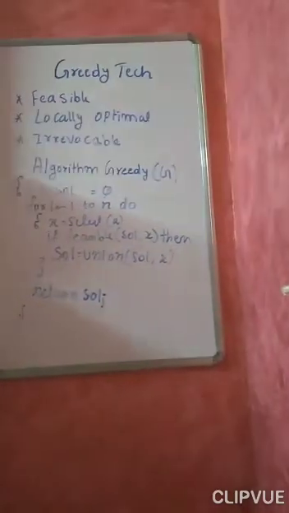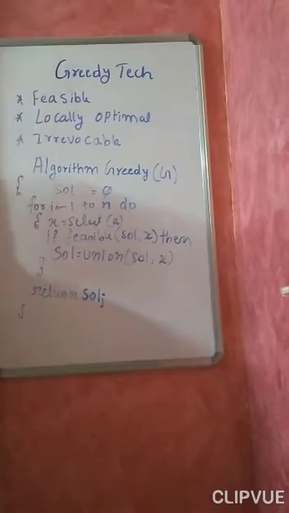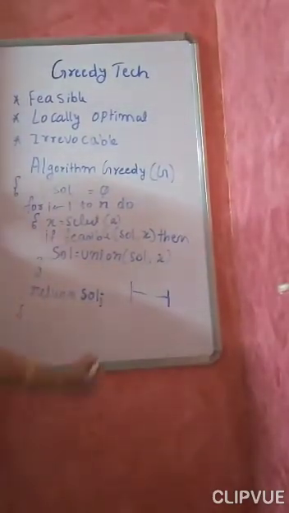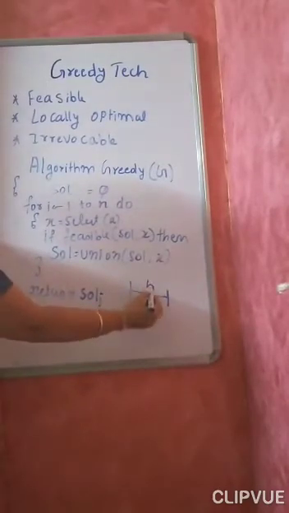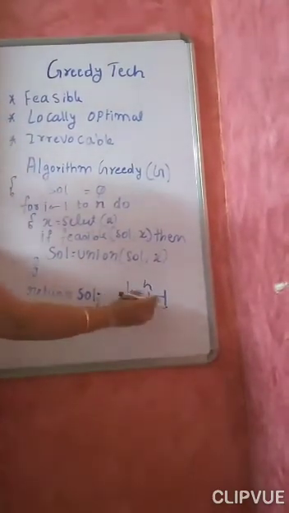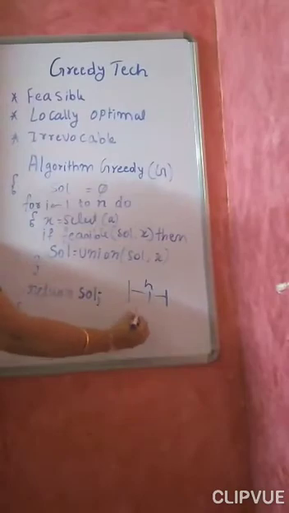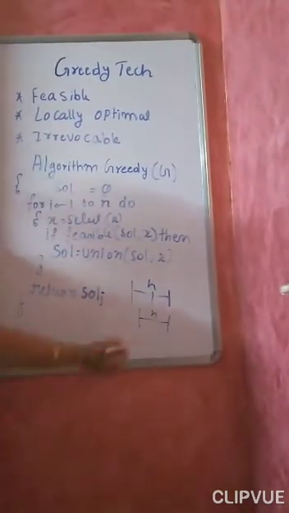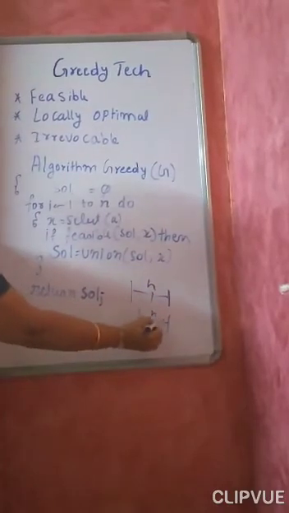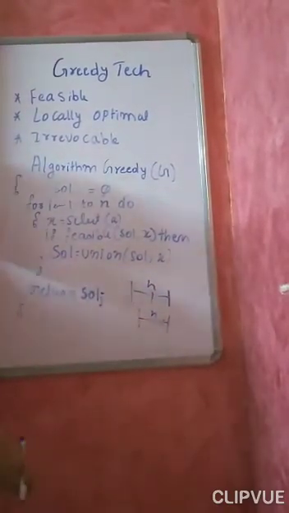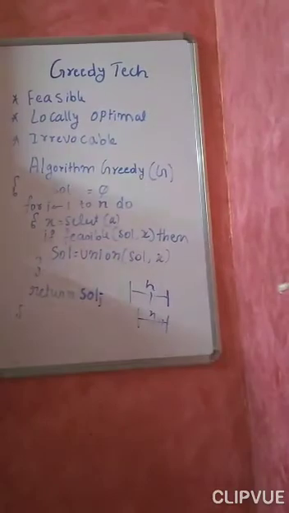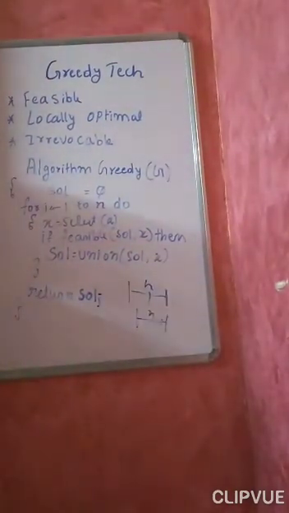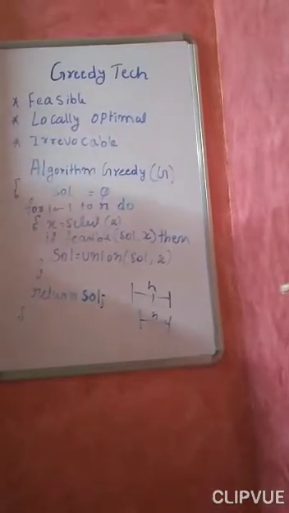In divide and conquer, if I have a problem of size n, it is divided into half in each iteration. Whereas in decrease and conquer, in each iteration the size of the problem will be decremented.